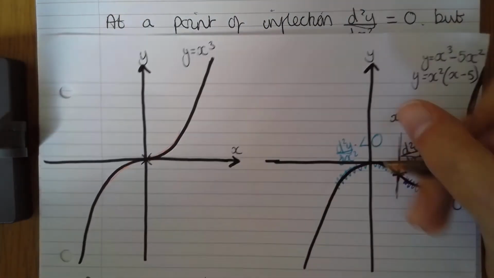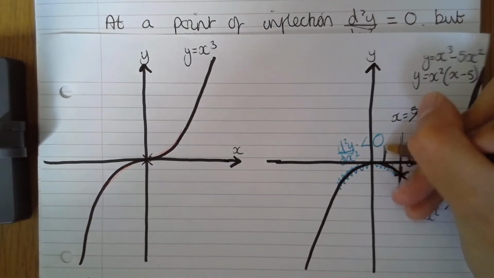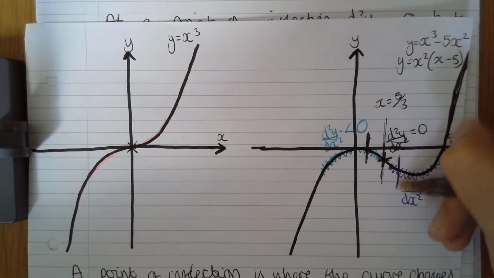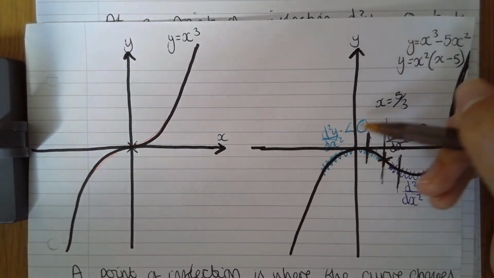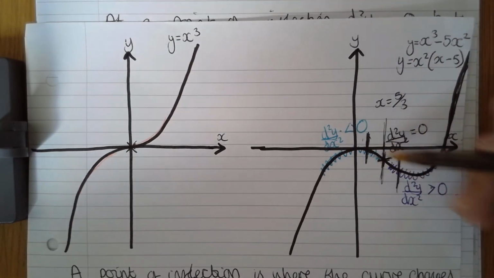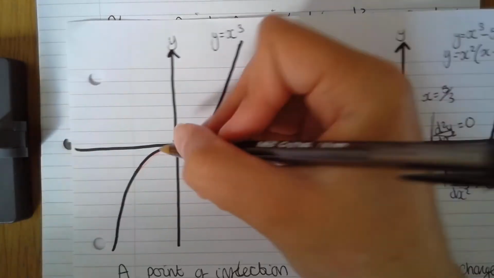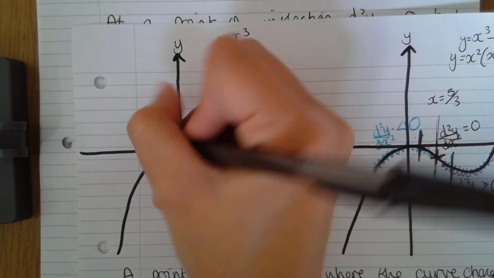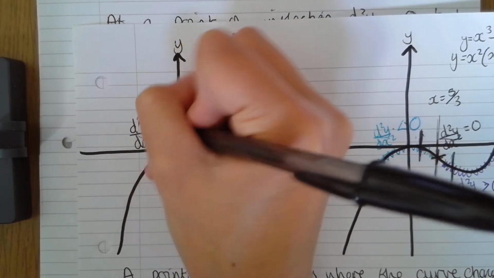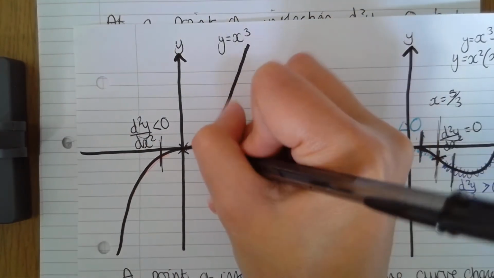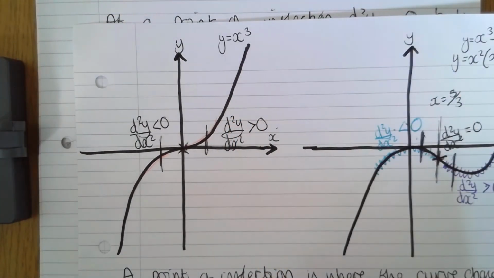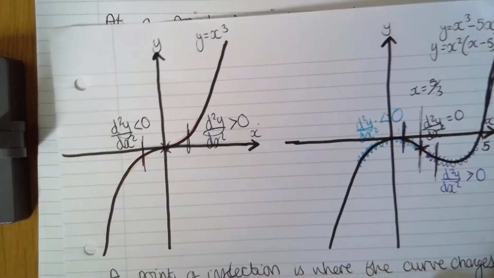We check what our second derivative is either side of 5 over 3, and this side it would be negative, this side it would be positive, so I know that's a point of inflection. Again, the same here. This side the second derivative would be negative, and this side it would be positive, so I know that's a point of inflection.